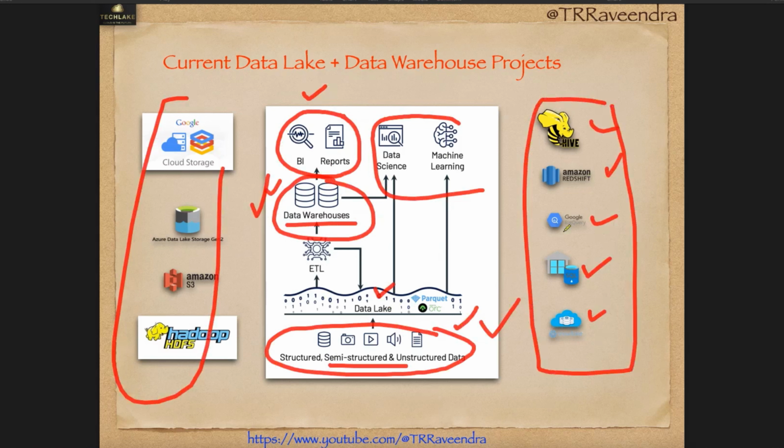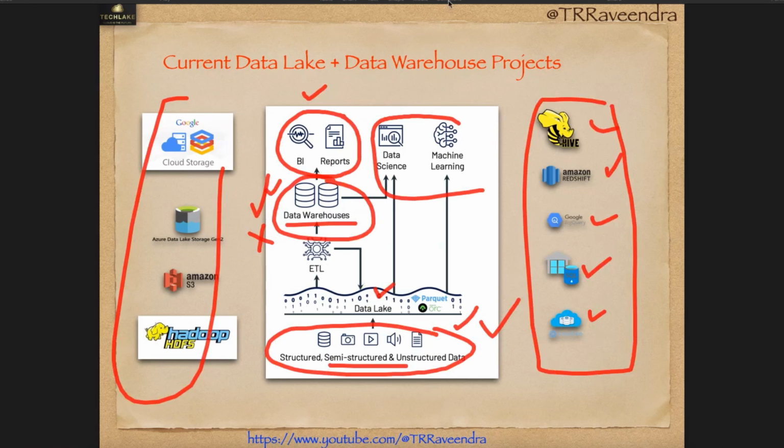The processing cost and storage cost all need to be included in the project cost. So why can't we avoid these data warehouses? Why can't we directly read data from the data lake for analytics use cases?